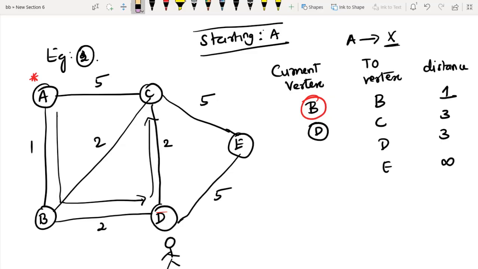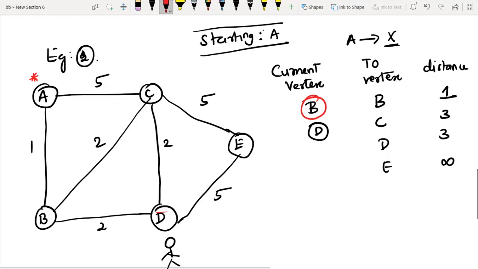So the distance is found to be 5. Is 5 less than 3? No, 5 is not less than 3, so ignore it, don't update anything. We already have the shortest distance, so let it be.